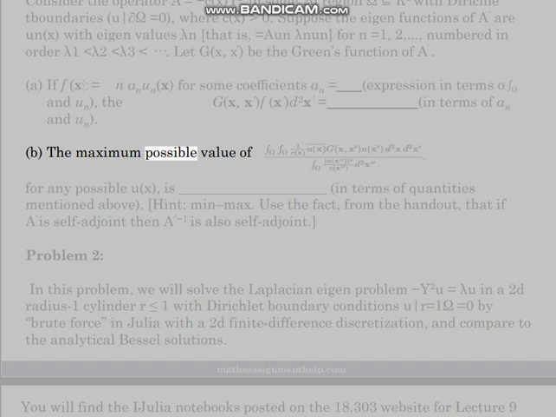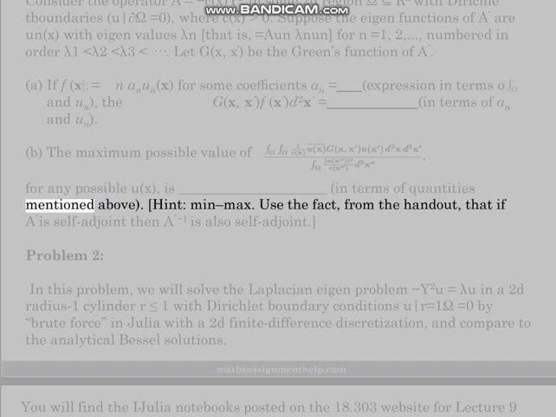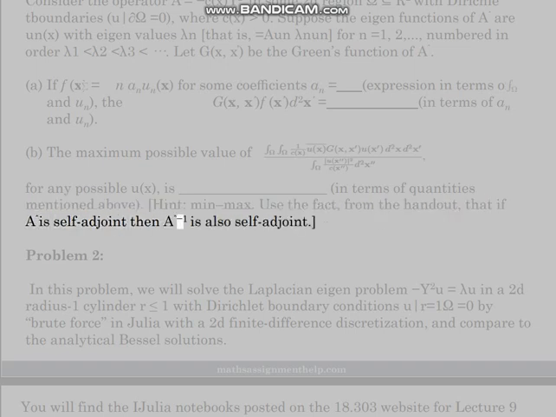B, the maximum possible value of, for any possible u(x), is ______ in terms of quantities mentioned above. Hint: min max. Use the fact from the handout that if A is self-adjoint, then A-1 is also self-adjoint.